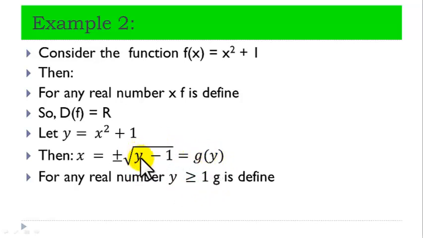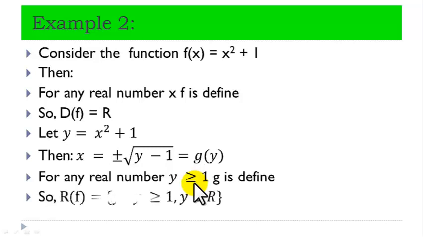Thus, we can only find the square root of a non-negative number. That is, if y minus 1 is greater than or equal to 0, that means y is greater than or equal to 1. So therefore, the range of f is the set of all y such that y is greater than or equal to 1 and y is an element of R. That's the set of all real numbers greater than or equal to 1.